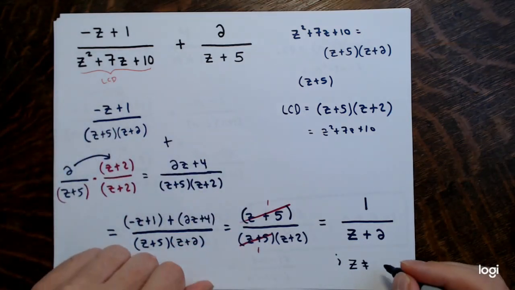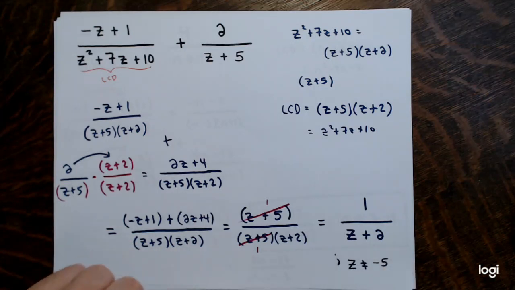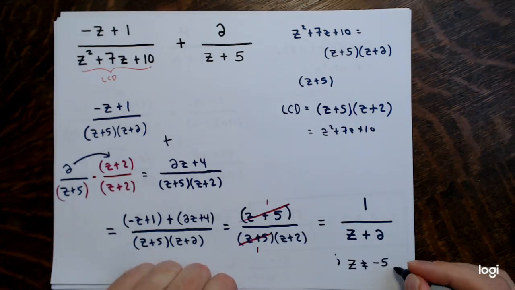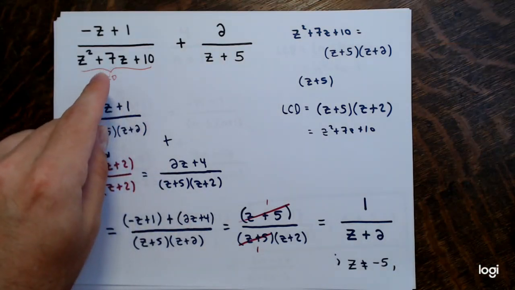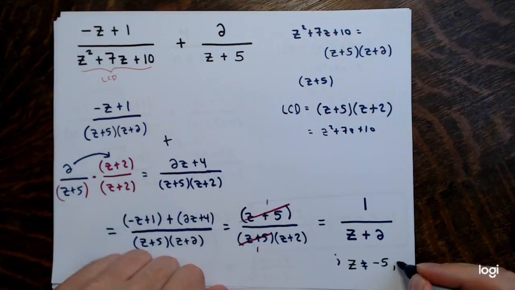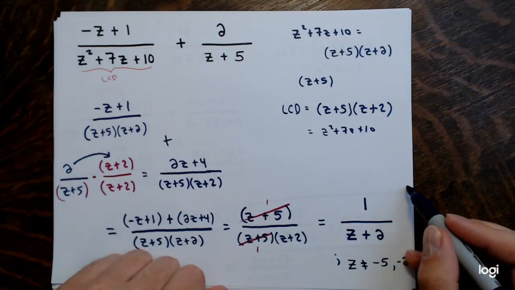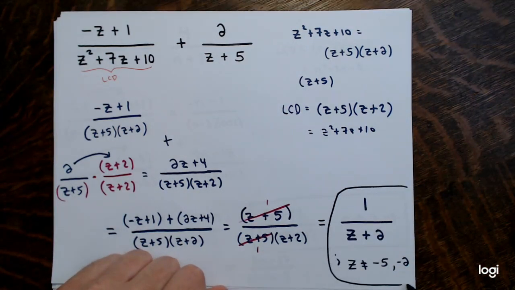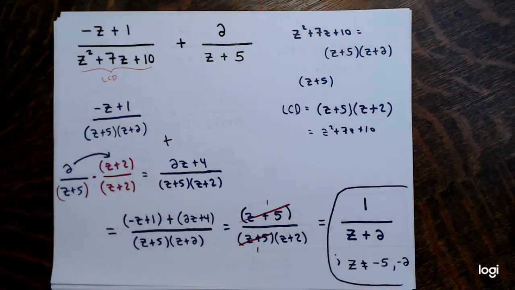Z plus 5. So z can't be negative 5. You cannot replace z with negative 5 in this problem. Also, there were factors of z plus 2 showing up in my denominators, right? So z can't be negative 2 either. But anything else is fine, right? I'm not seeing any other factors showing up in the denominators anywhere. So anything else is okay.